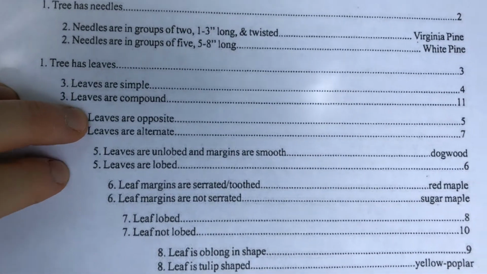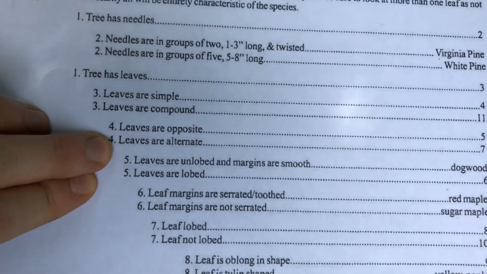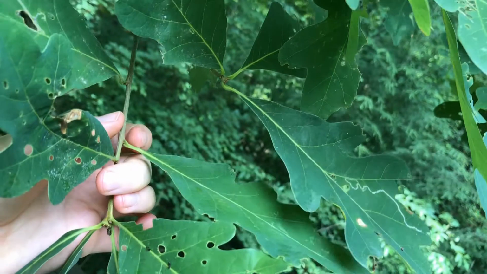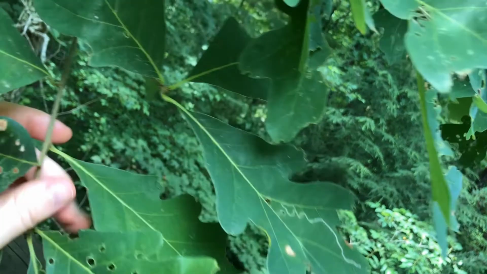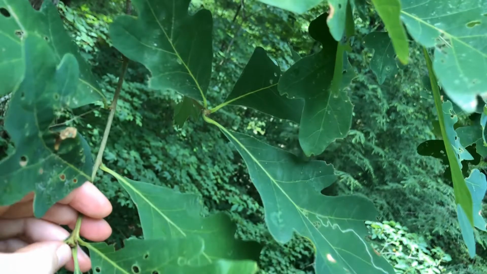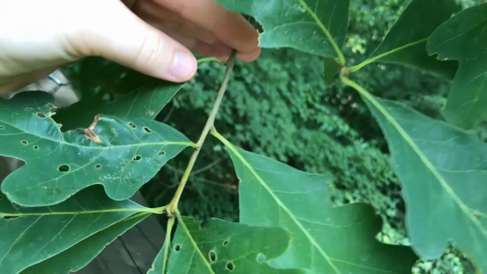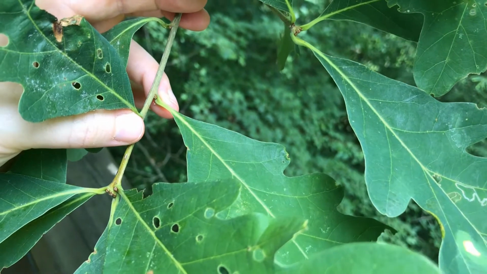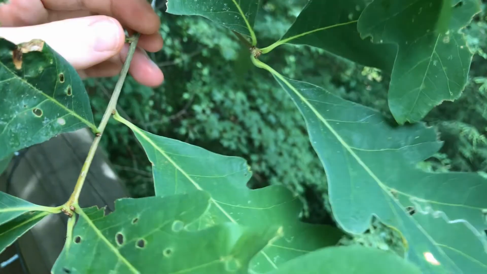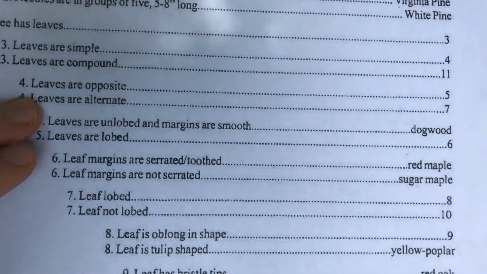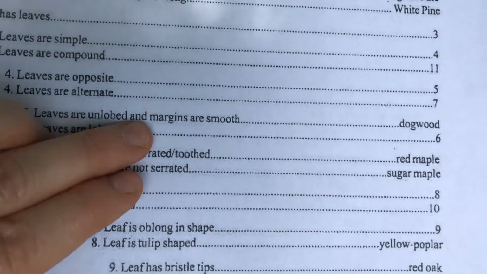Now it says, are the leaves opposite or are they alternate? So let's take a look here. Now you see how these leaves, there's one here, there's one here, there's one here. They are clearly growing in an alternate pattern. They're not straight across from each other, right? So, our leaves in this tree are alternate.